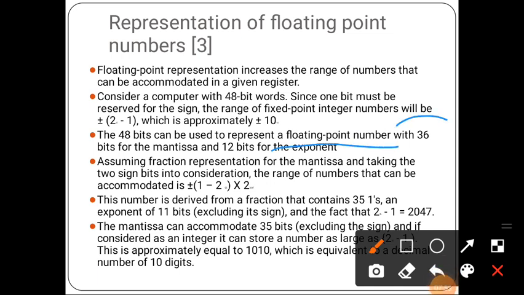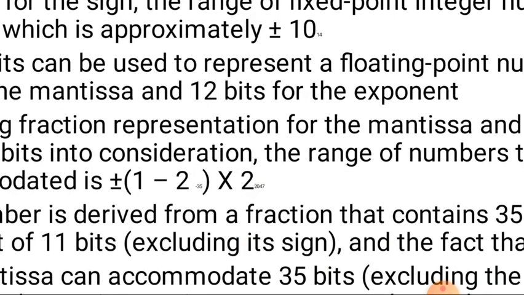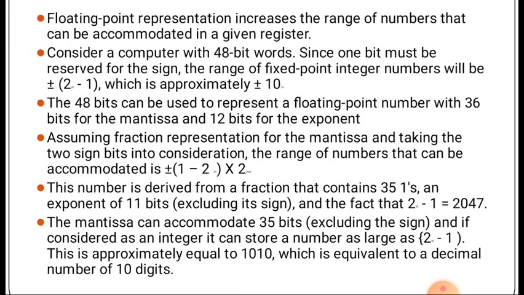In that case, assuming fraction representation for mantissa, since we can use either a fraction or an integer representation for mantissa, and taking 2 sign bits into consideration, the range of numbers that can be accommodated is plus or minus (1 minus 2 raised to minus 35) times 2 raised to 2047.